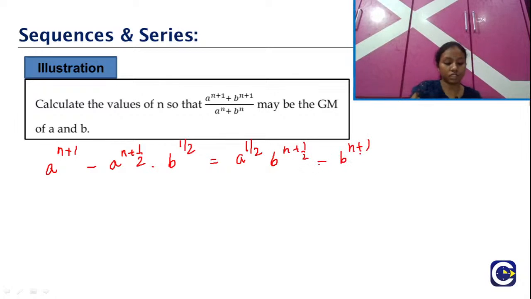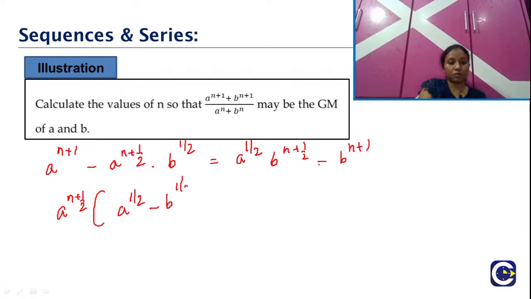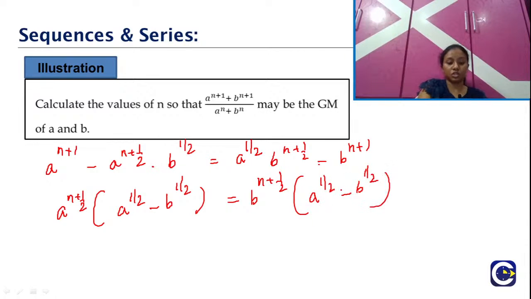Just have a look over this, and then from here we can take a^((n+1)/2) common on this side, a^(1/2) minus b^(1/2), and the same thing on the other side, b^((n+1)/2) can be taken common, a^(1/2) minus b^(1/2). So these two will get cancelled, and we'll have a^((n+1)/2) equal to b^((n+1)/2).